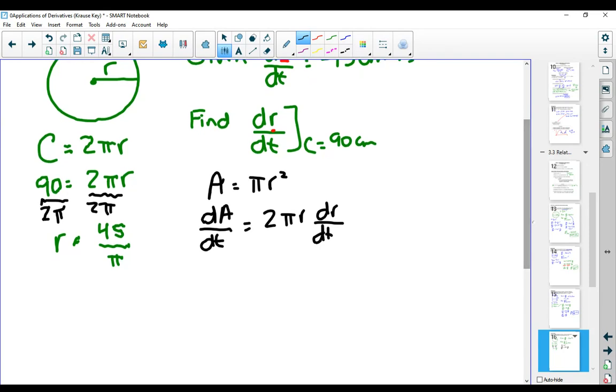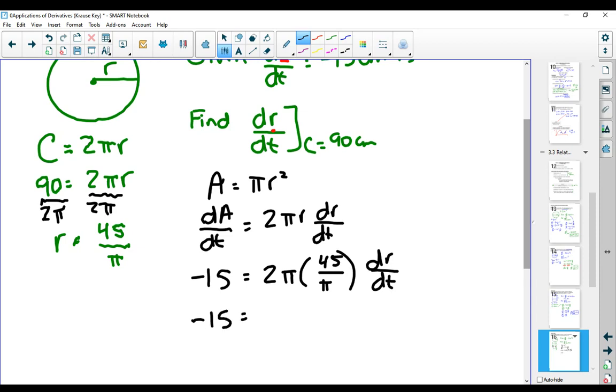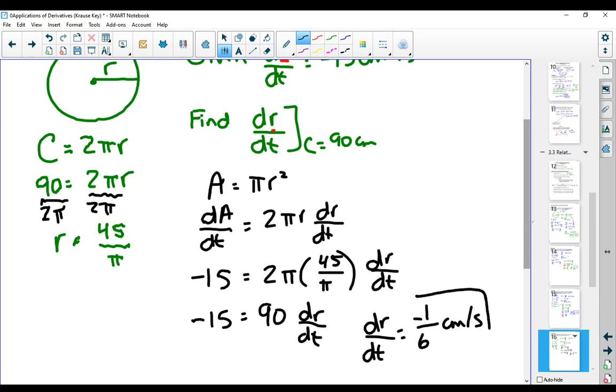We also know that the change in area with respect to time is negative 15. So you've got negative 15 equals 2 pi times 45 over pi dr/dt. Doing a little simplifying, we've got negative 15 equals 90 dr/dt. And rearranging, we divide by 90, we get dr/dt equals negative 1/6 centimeters per second.